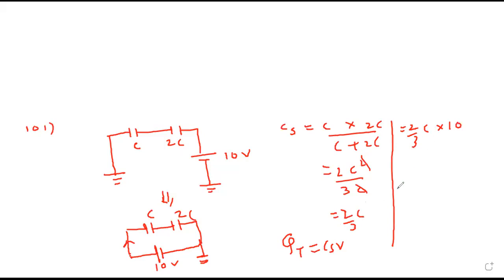I'm not putting values at the end. So voltage across the first one is Q total upon C1. Q total we got 2 by 3, that is 20 by 3 C, upon C, by 3 by C. This makes 60.